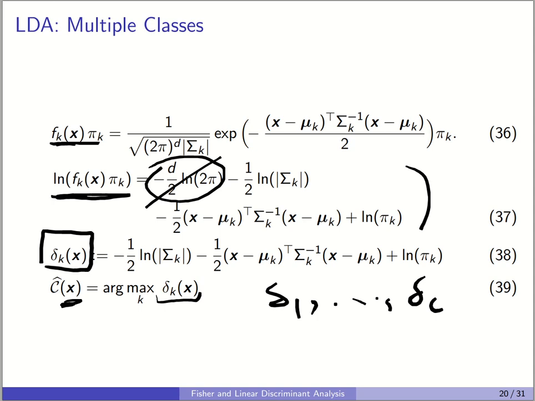For example, the x will give me several deltas, like for example, assume this is 0.1, 0.5, and one of them is 0.8, and the largest one is 0.8. So x is in the last class, something like that.